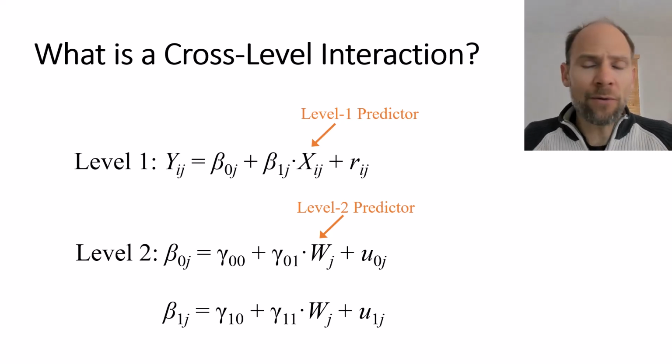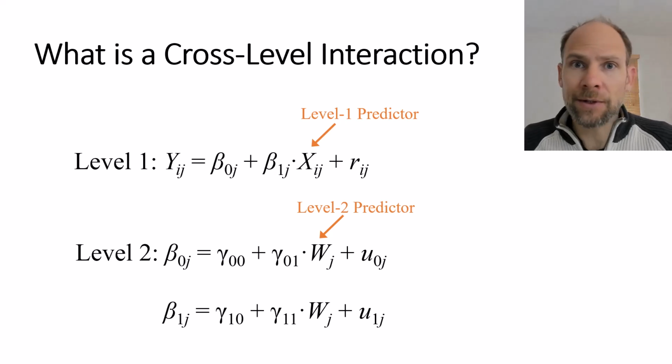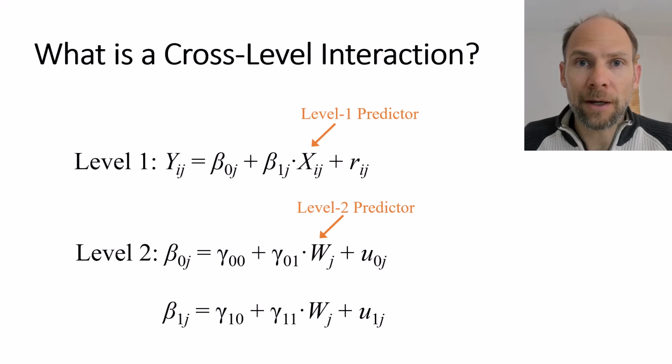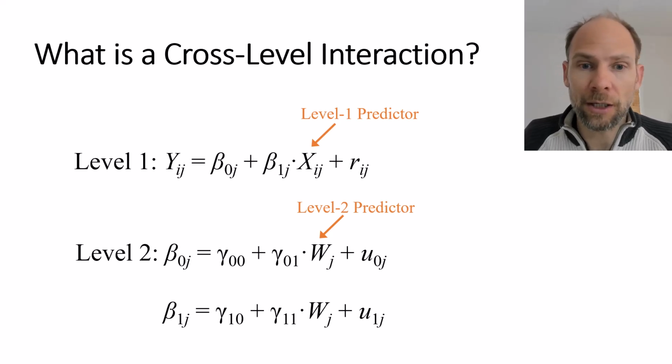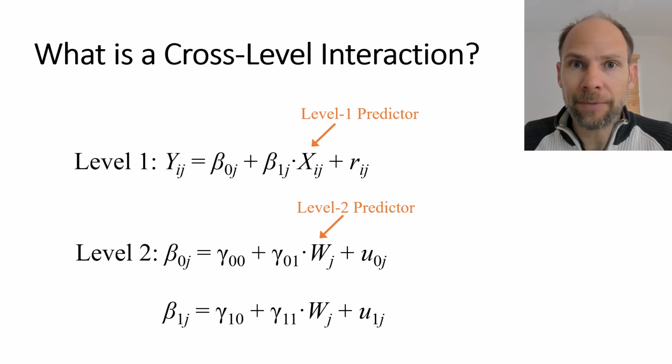Now, so far, no interaction, right? You don't see any interaction term that you might be used to from conventional single level ordinary least squares regression analysis. We know that an interaction term involves a product of 2 or more variables, and there's no such thing here. So those are all just simple linear effects, no interaction so far.